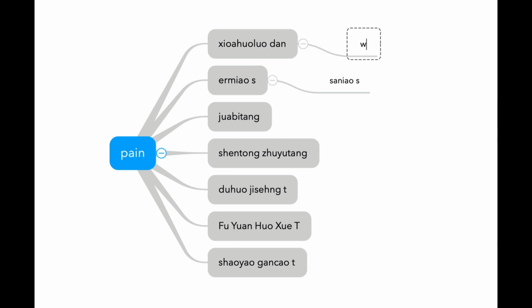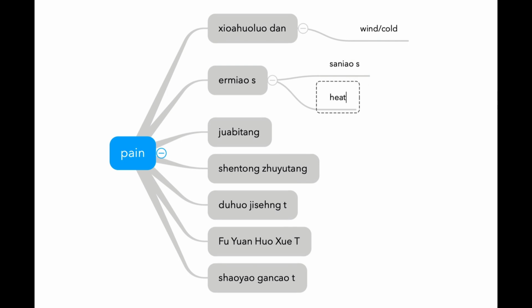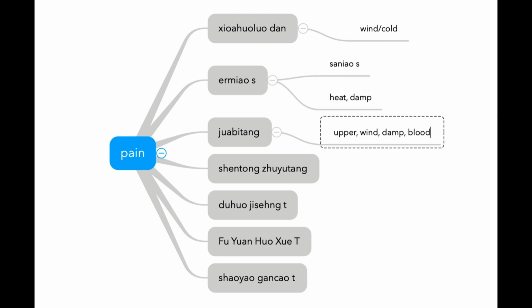wind, cold, Ermiao San, heat, and damp. And Juanbi Tang: shoulder, upper extremity, and wind, and damp, and blood stasis. And Shentong Zhuyu Tang, blood stasis.